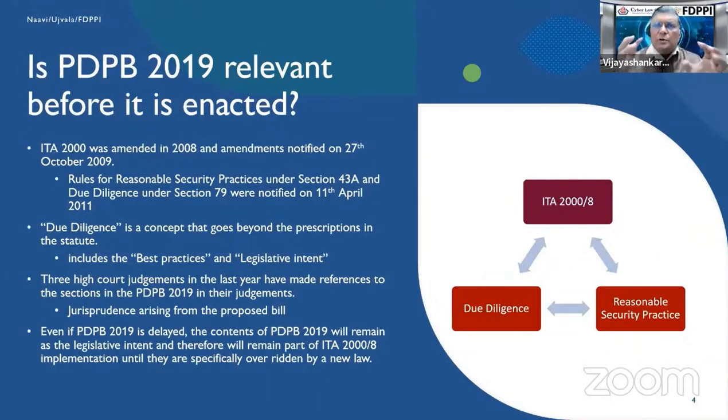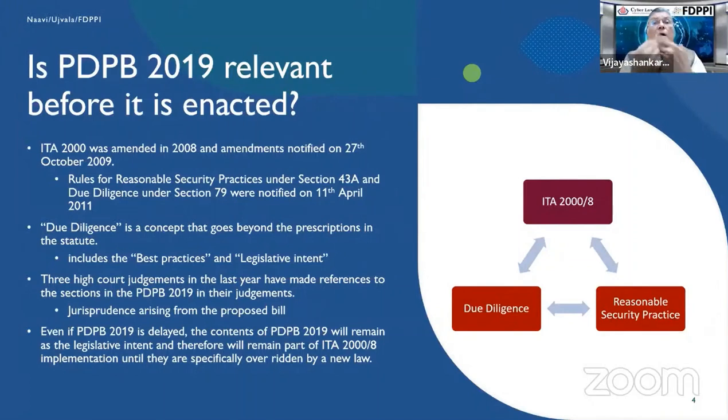Now, this concept of due diligence, which is embedded into the Information Technology Act, includes the best practices of the industry and also the legislative intent. See, due diligence is not restricted to what is there in section 1, 2, 3, 4, 5 of a law.